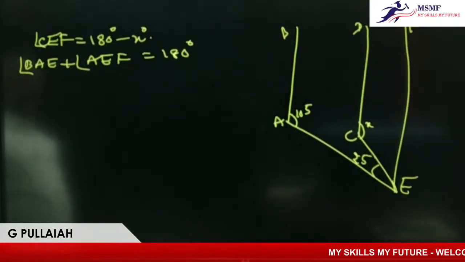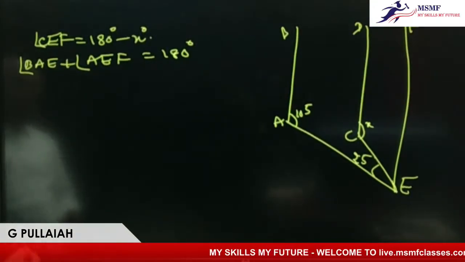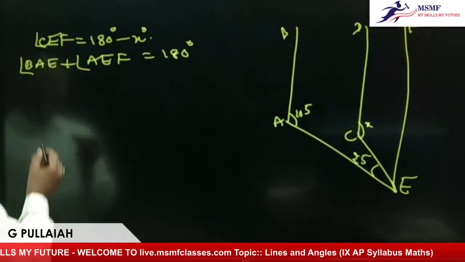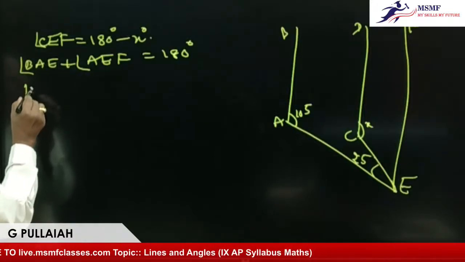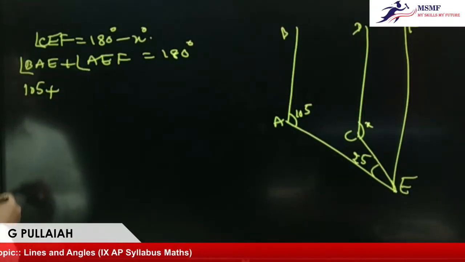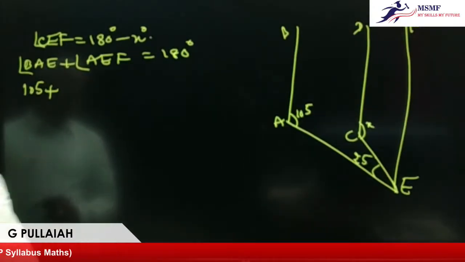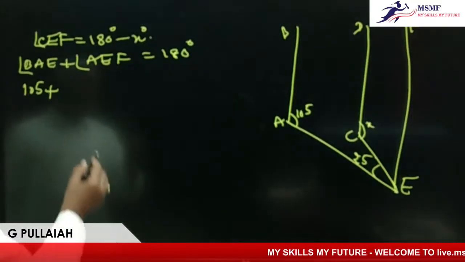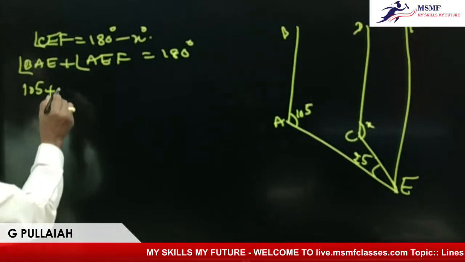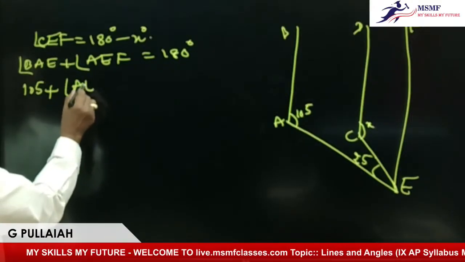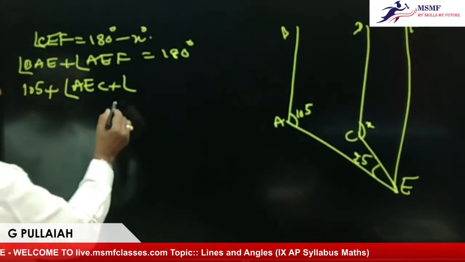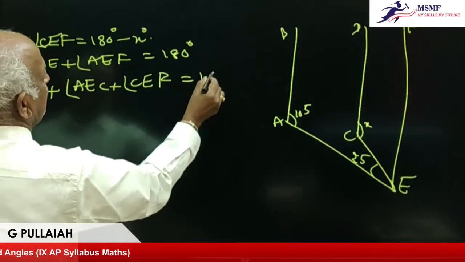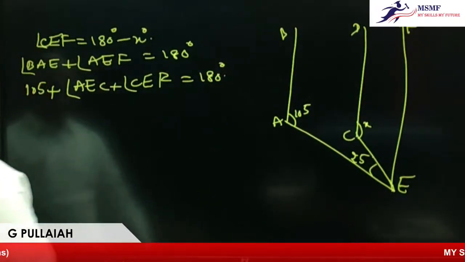is equal to 180 degrees. Now here our question is find the value of x. So now here angle BAE is given as 105 degrees plus AEF, and this AEF we can make into two angles, that is angle AEC plus angle CEF, all put together 180 degrees.